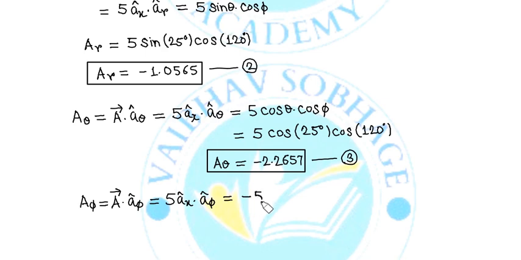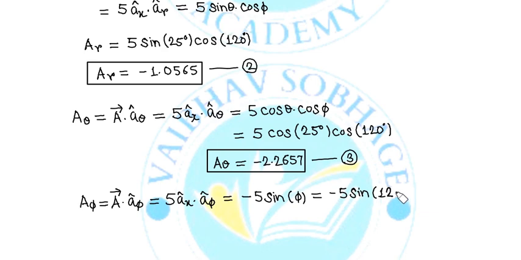So this term will be equal to minus 5 sine of phi, and from the given we have the value of phi, which is equal to 120.